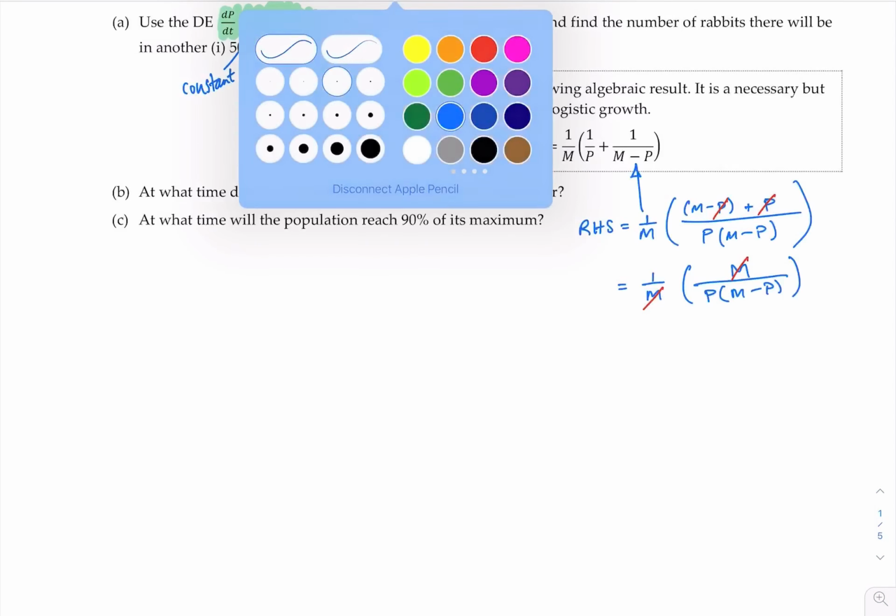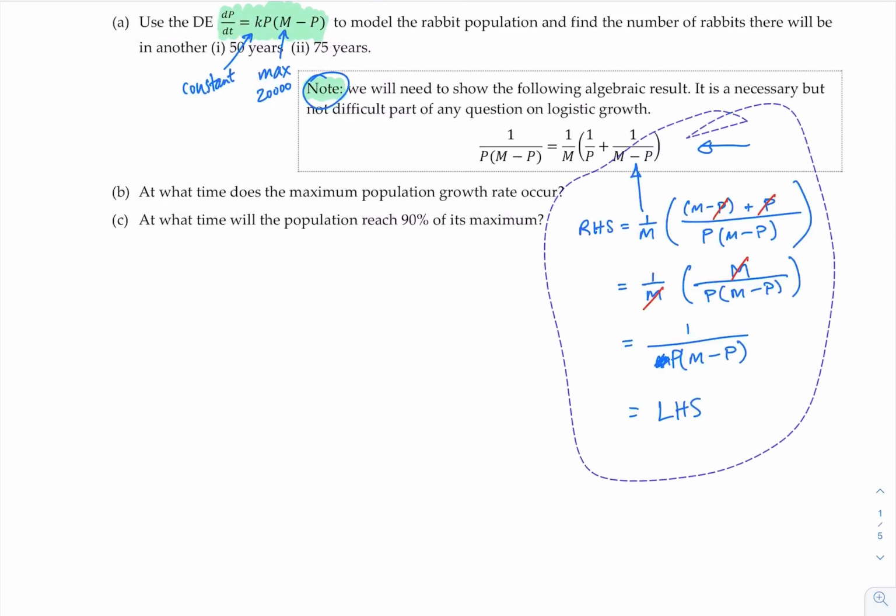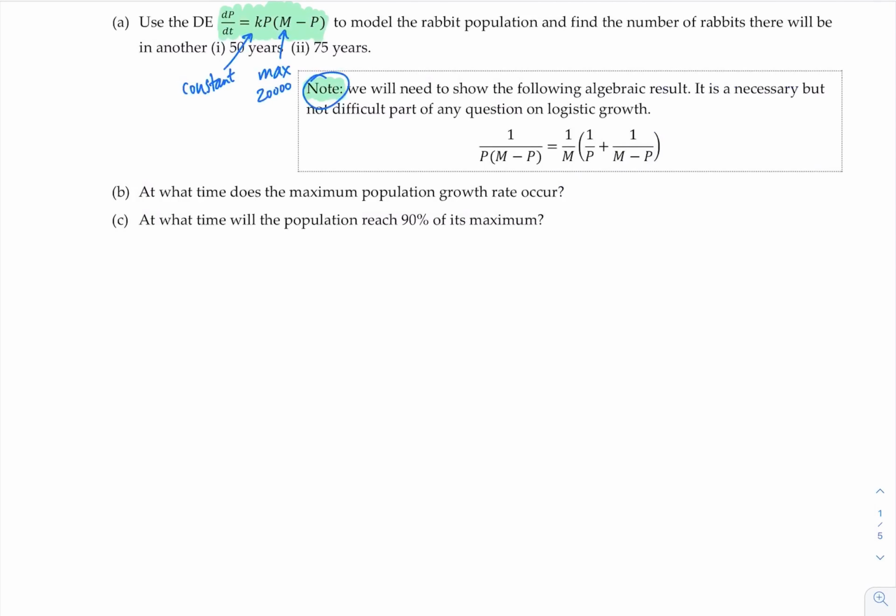I don't like doing cancelling in my working, but it's important when I'm demonstrating this. It's important to get that right too. And that is the left-hand side. Okay, so a question like this does not pose any difficulty. It's just part and parcel of working with a logistic equation. Right, so we're taking that for granted now.